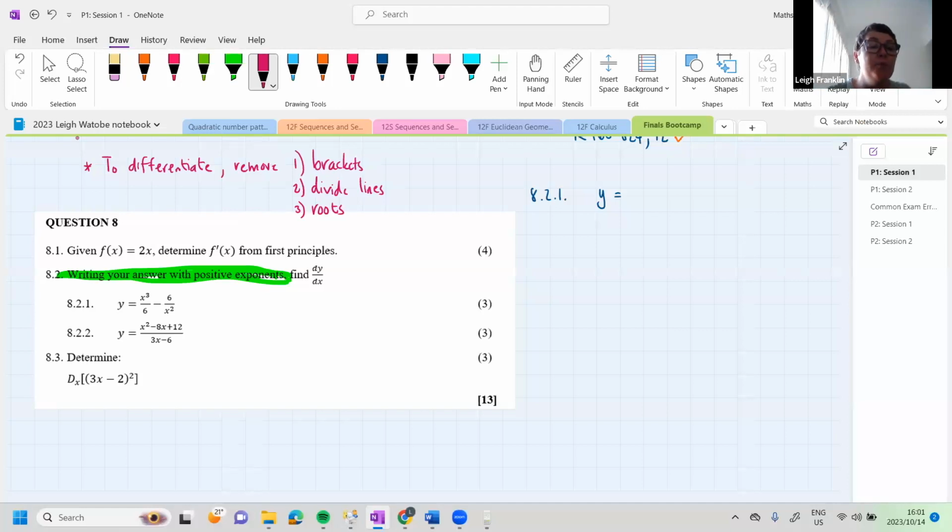So we need to remove these divide lines over here. Okay, so we would remove the first divide line essentially by writing x cubed over 6 as 1 over 6 x cubed. Then in the second term, which is negative, we've got to take your x squared from the denominator into the numerator.